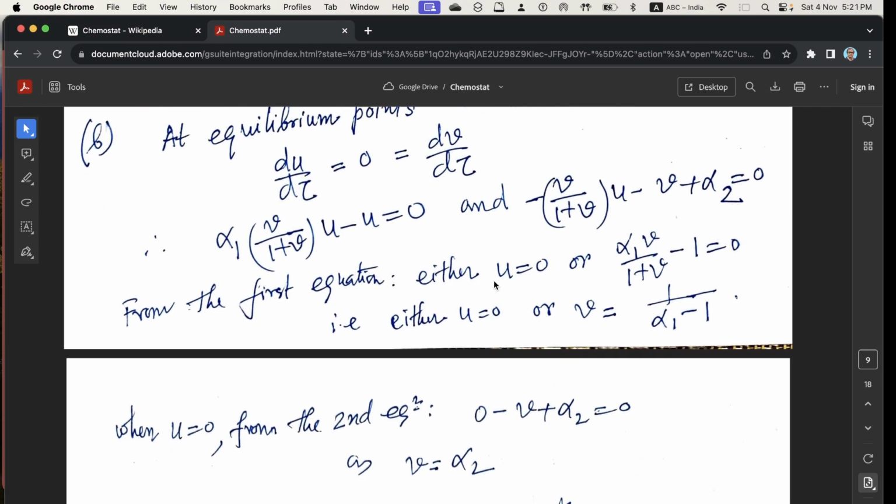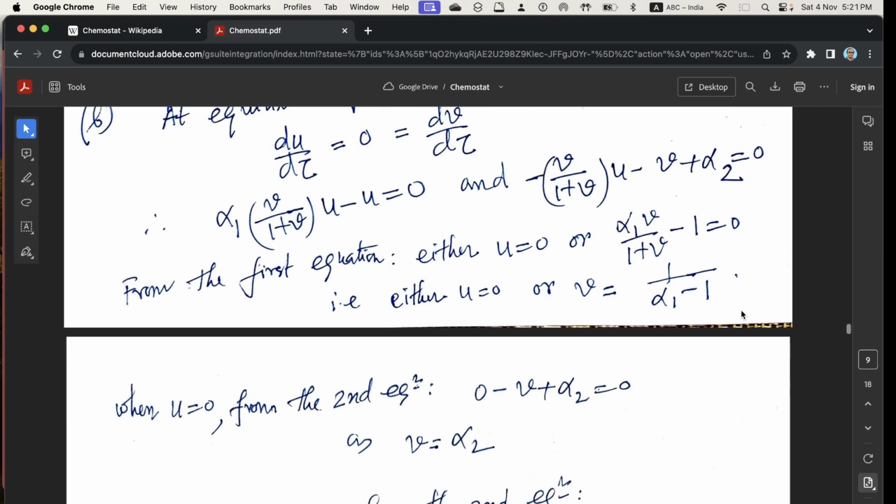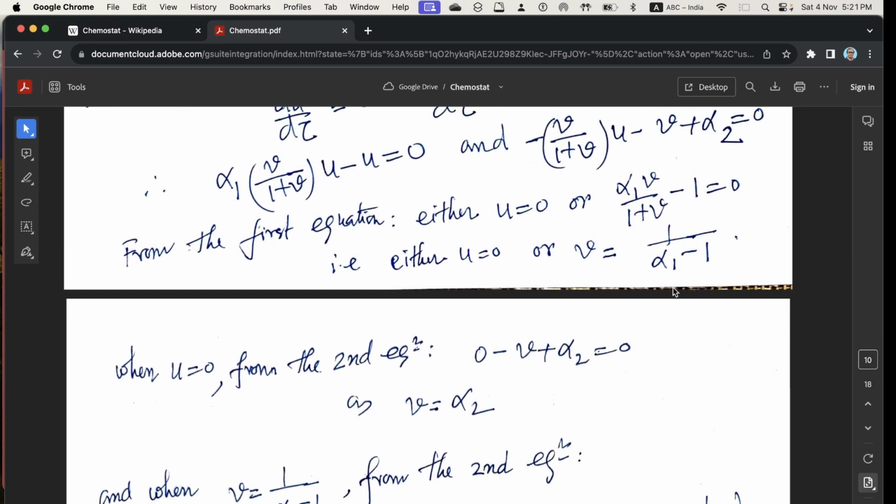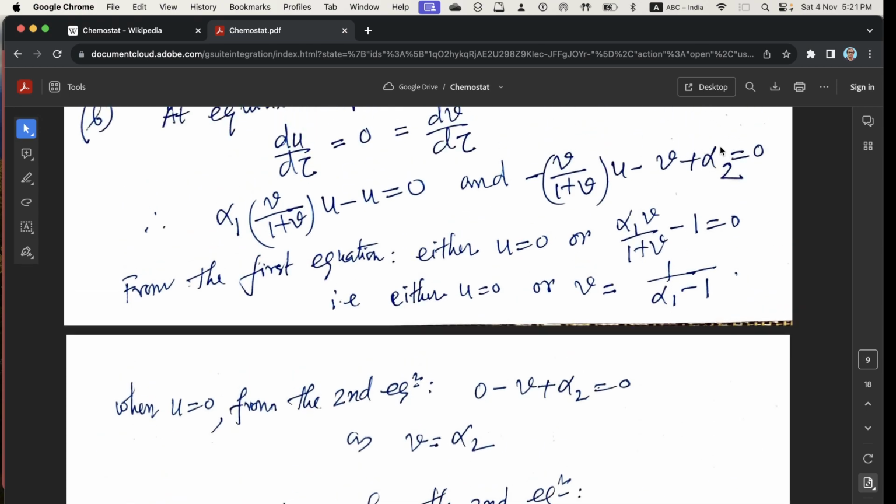That is either u equal to 0 or v equal to 1 by (alpha 1 minus 1). When u equal to 0, from the second equation we get v equal to alpha 2.